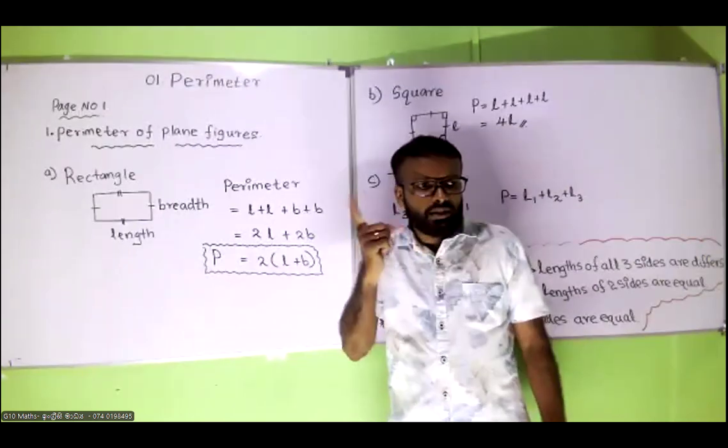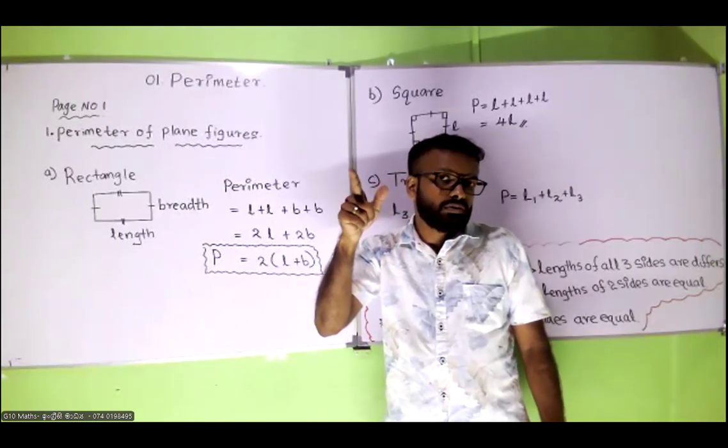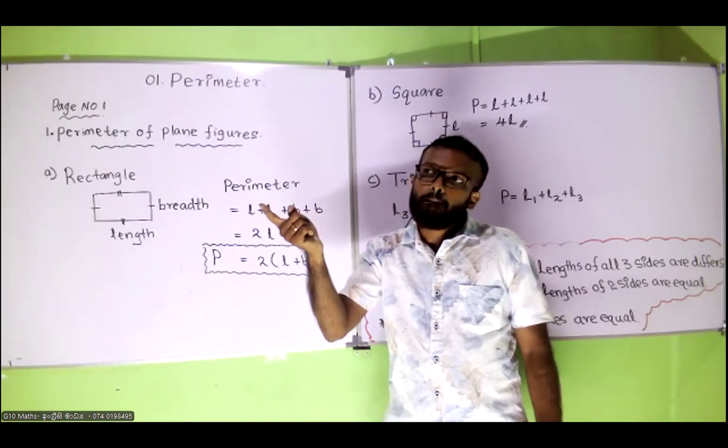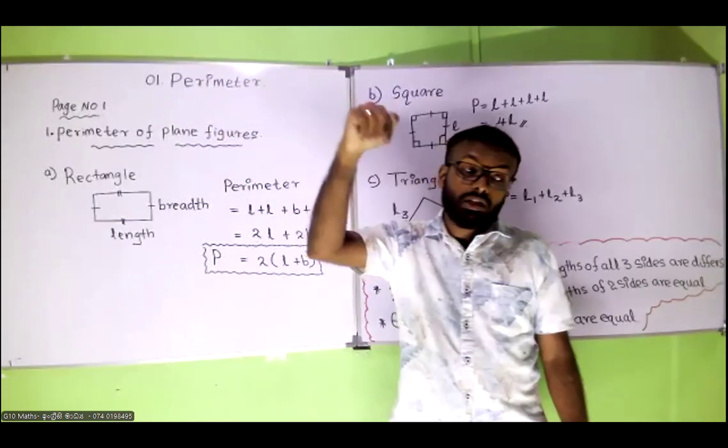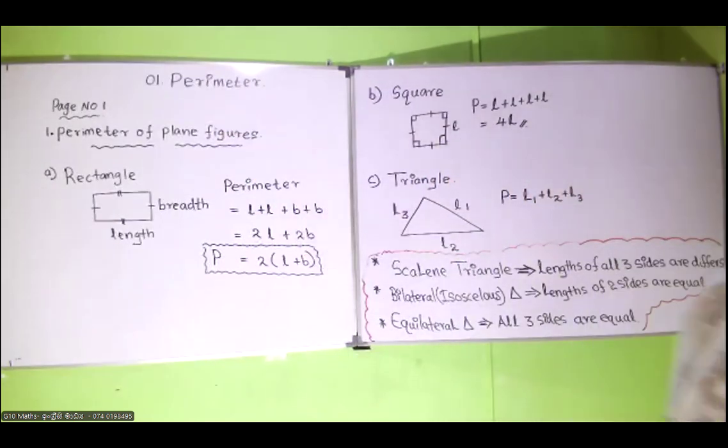What is the one single word that you can use for the perimeter of a circle? Can anyone tell me?